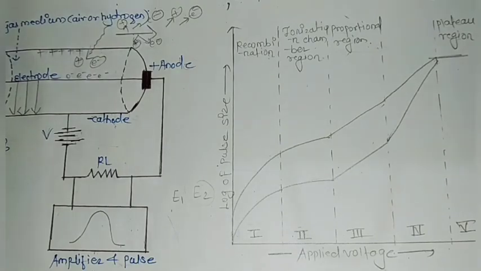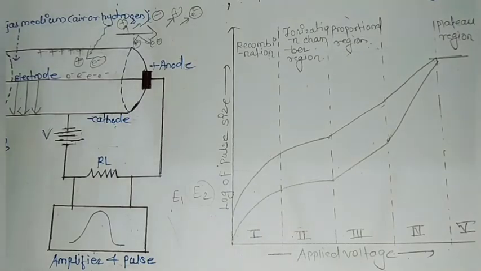So this region is known as the plateau region, and the nuclear detector which works in this region is known as the Geiger-Müller counter.